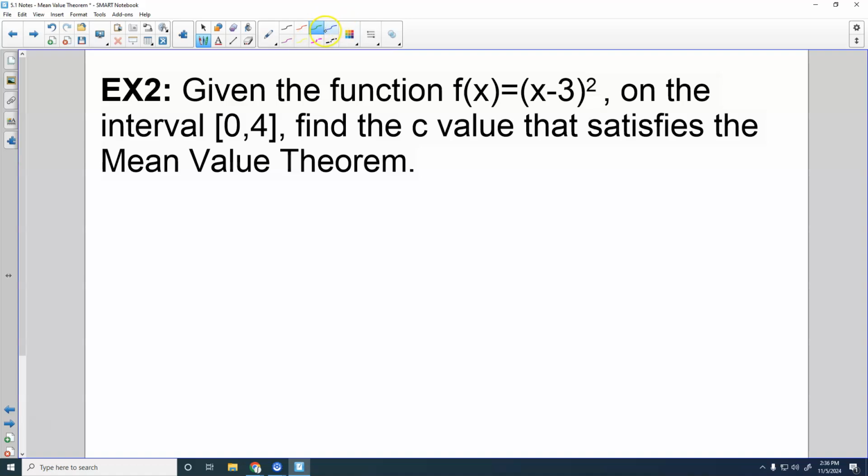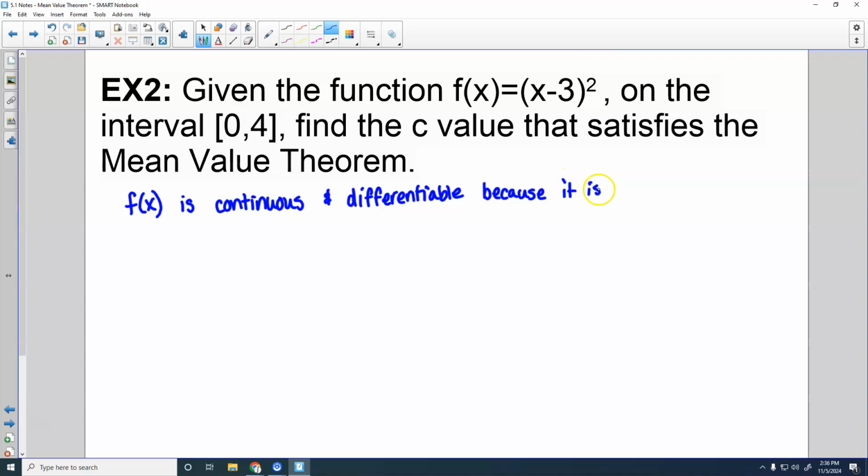So what we would have to do for the mean value theorem, first of all, we could say f of x is continuous and differentiable because it is quadratic.